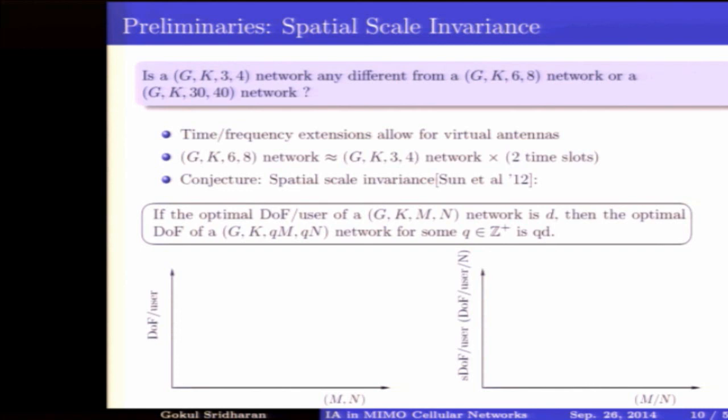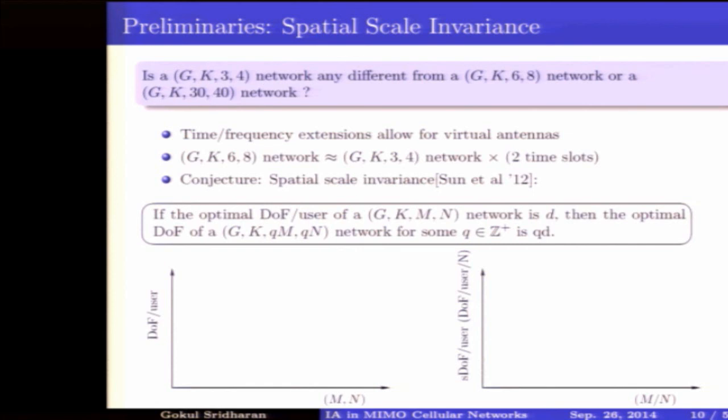Pretty much all degree of freedom results that we have now satisfy this invariance. This is so far a conjecture, and it was proposed by Sun and others a few years back. We don't yet have a proof, but this is something that we will use.